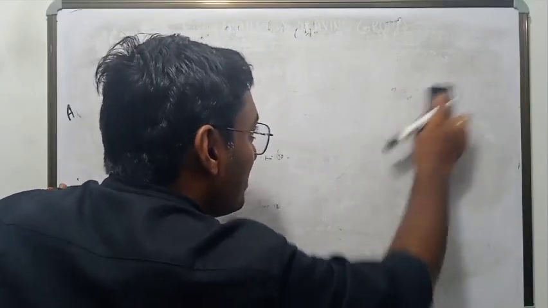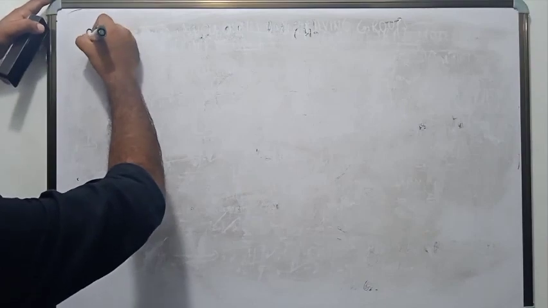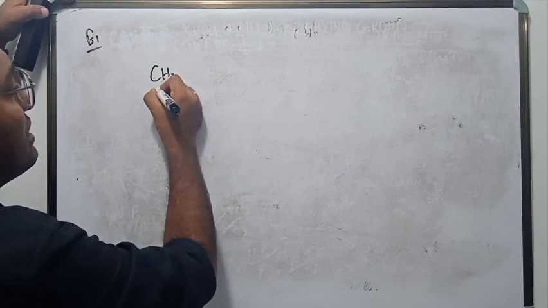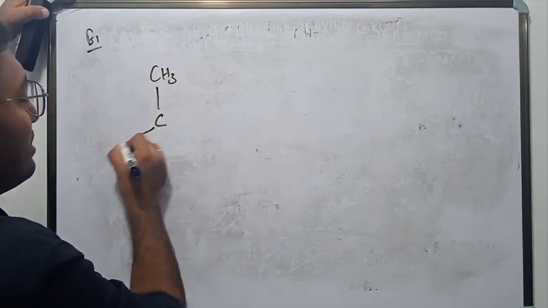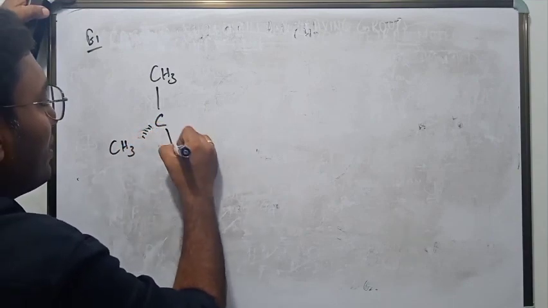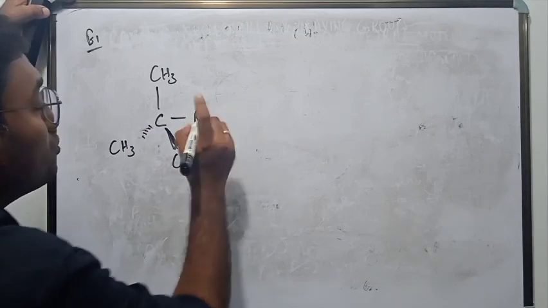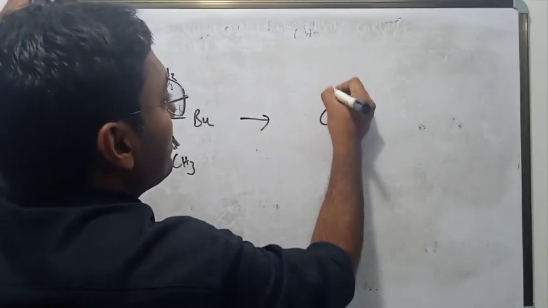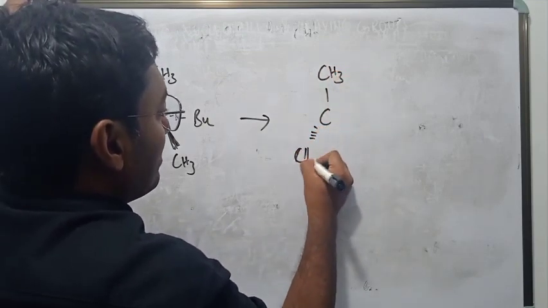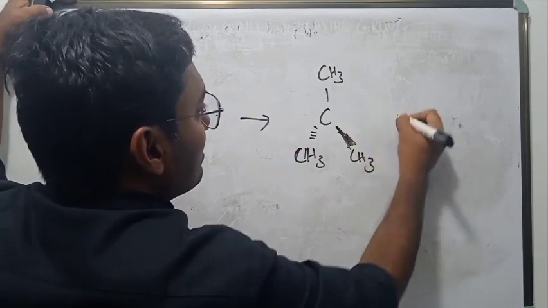Okay, and now let us see E1 reaction also, how it occurs. So this is our tertiary alkyl halide, right? Let me draw the full tertiary alkyl halide. This is also two steps. So we get a carbocation like this, fine.